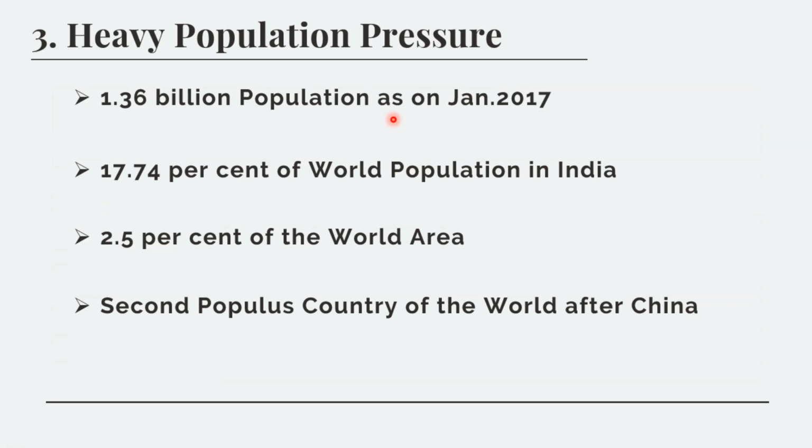In January 2017, India's population was 1.36 billion. It means the population of India was 136 crore. In the year 2001, the population was 102 crores.